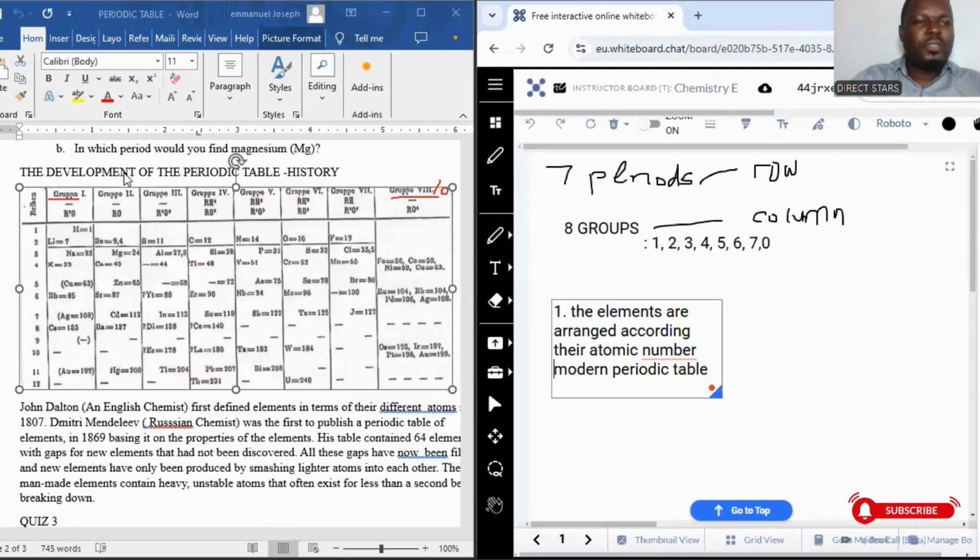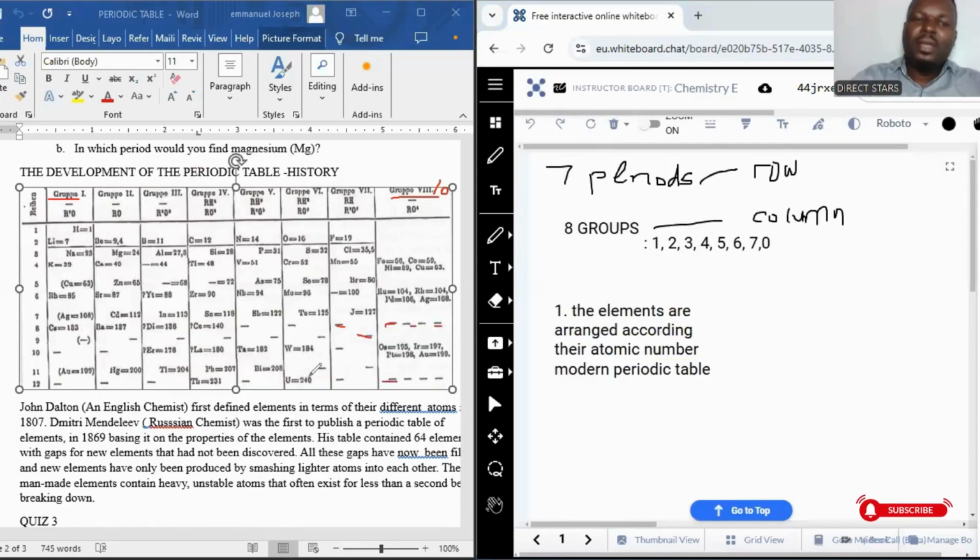Let me show you some of these spaces. Anywhere you see a dash, there's a space here, there's a space here, and so on. Dmitry actually left those spaces for more discoveries, because he noticed that little had been discovered there.